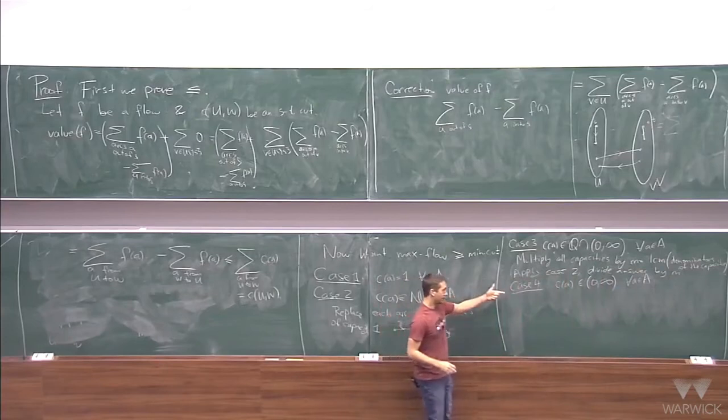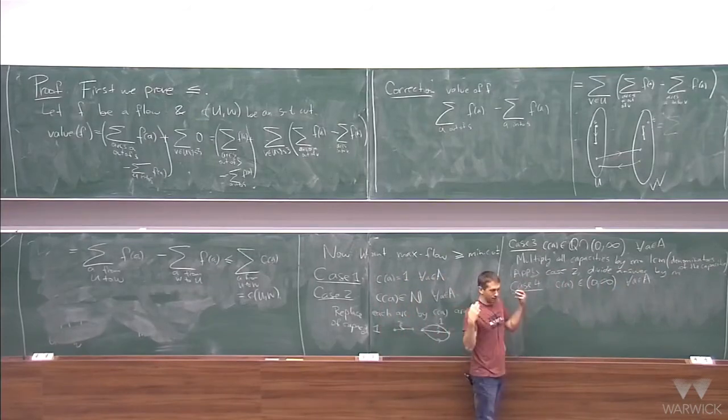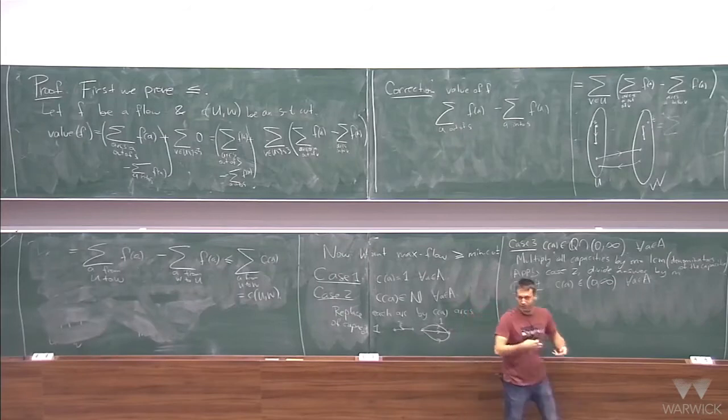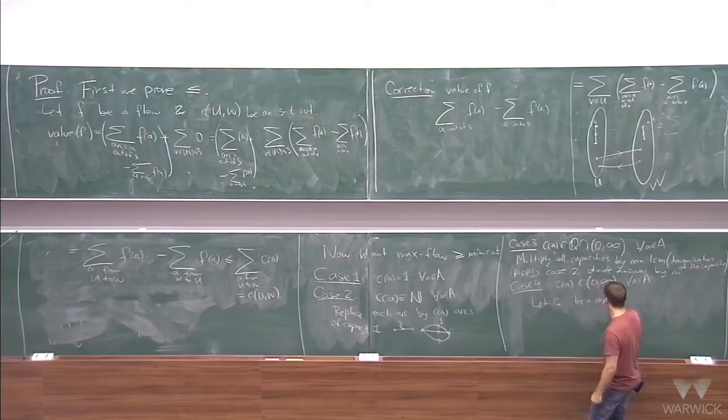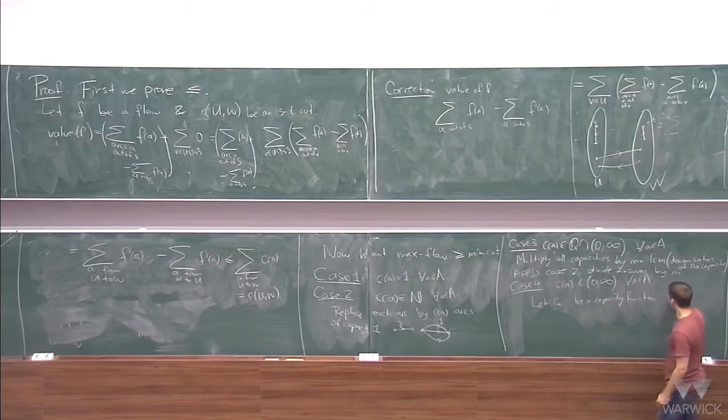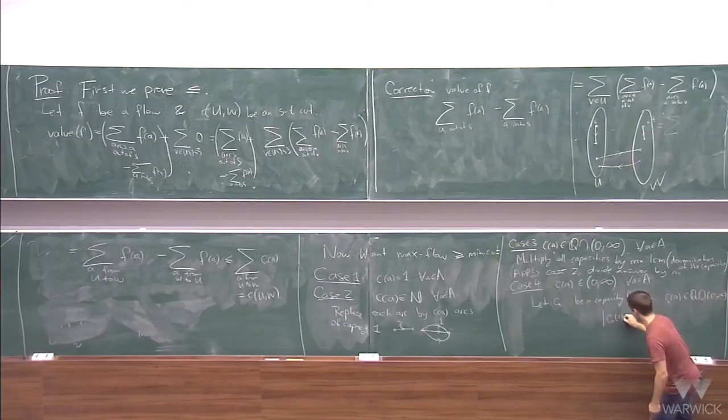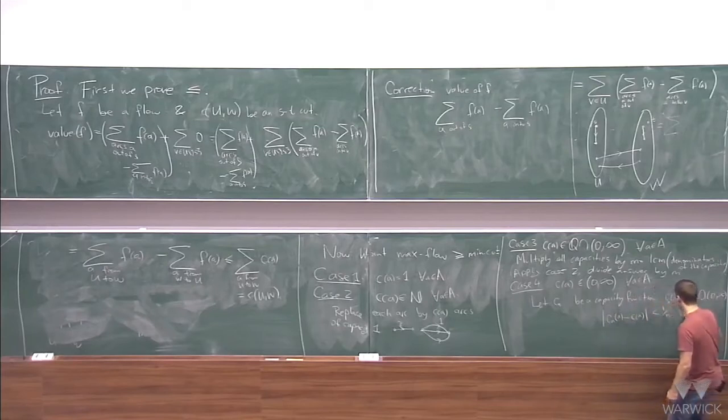And now if you have real valued capacities, the point here is that any real number can be approximated by rational numbers. So let Cn be a capacity function where these values are rational, and the difference between Cn and C is at most, let's say, 1 over n for all arcs. Okay.